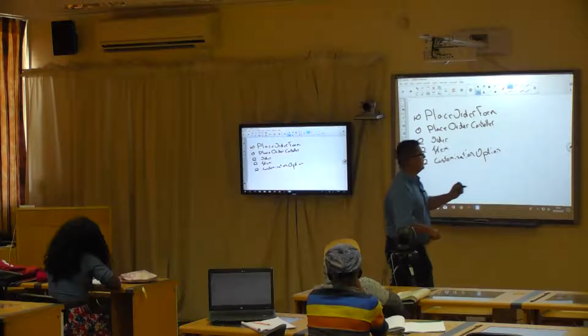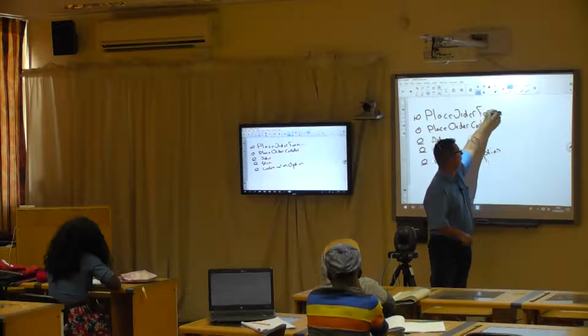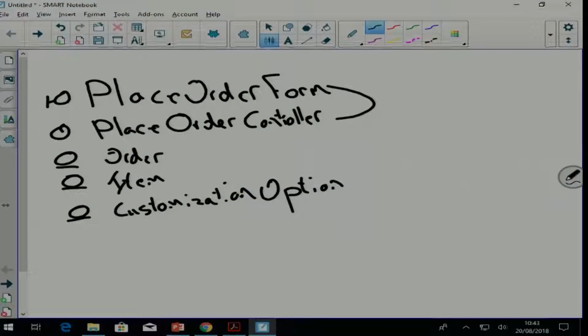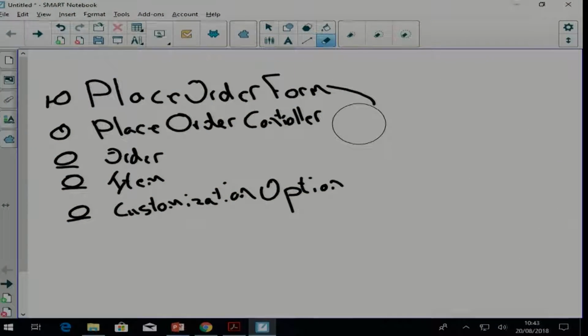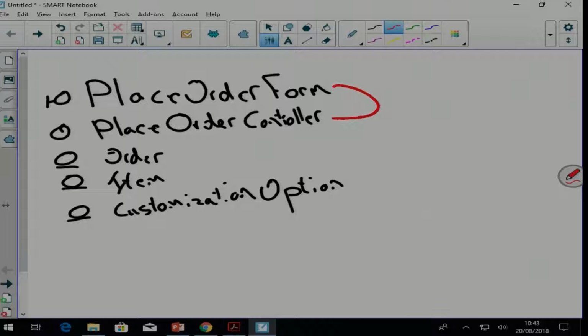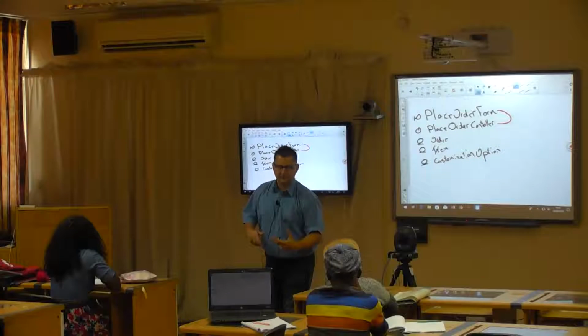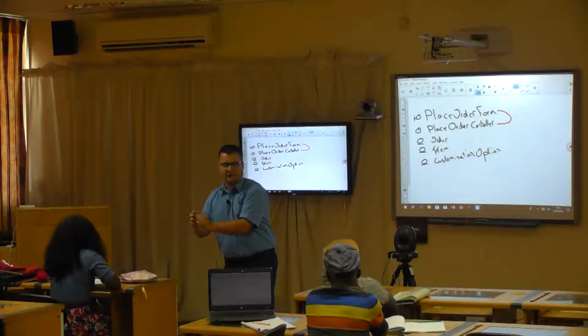Okay, so we are seeing that our boundary is going to take a different color. Boundary is communicating with our controller. Okay, what else? Can the boundary talk directly to the entity?